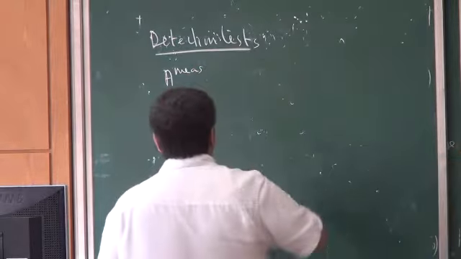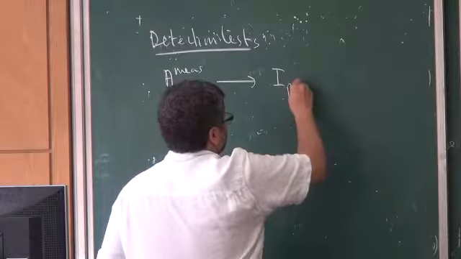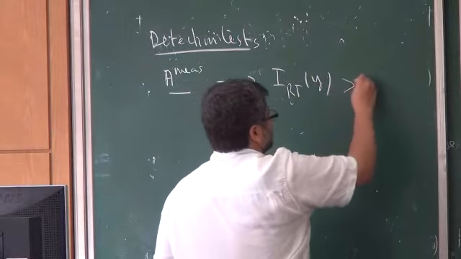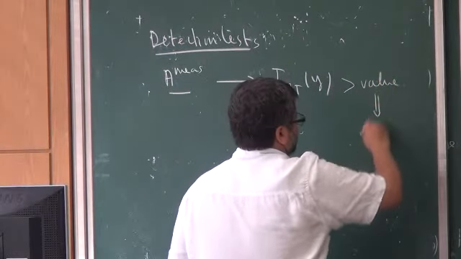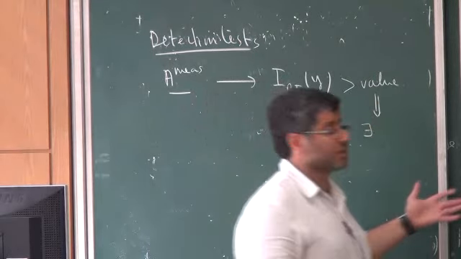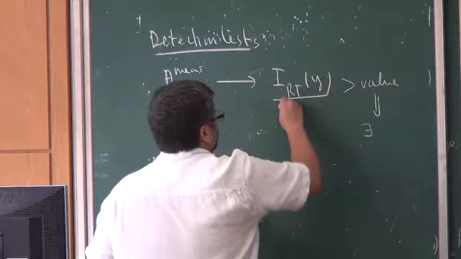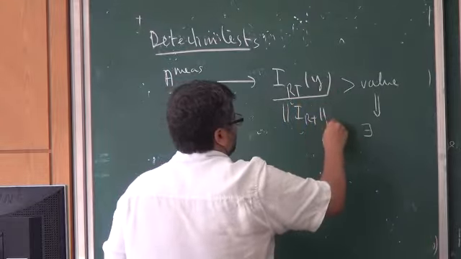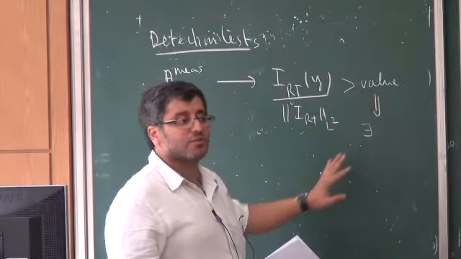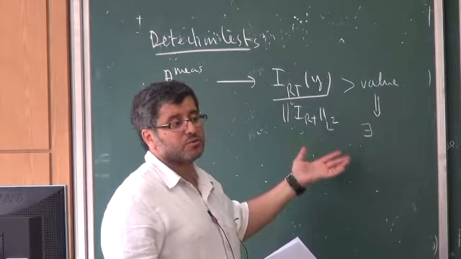We compute some imaging function, let's say ART, everywhere. And if it exceeds some value, then we will say that there is something. You normalize by its, let's say, L2 norm, and if it exceeds some value, then I'm sure that there is something. It's not coming from the noise. But this is expensive, computing the imaging function everywhere.